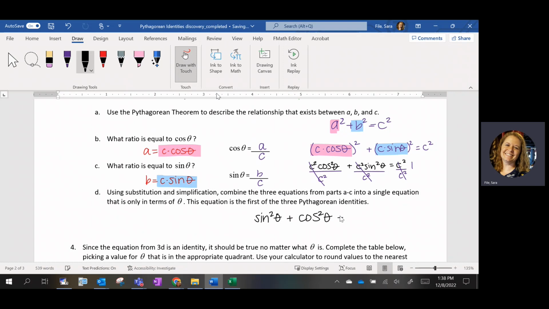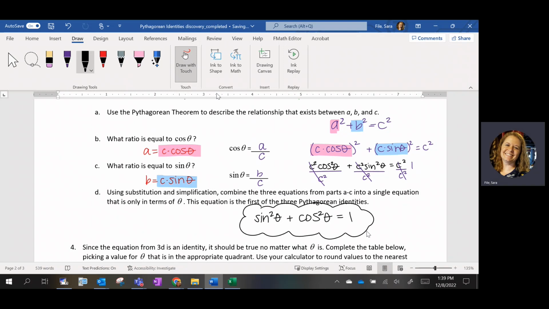But like I said, it doesn't matter if it's cosine squared plus sine squared equals 1, or sine squared plus cosine squared equals 1. They're both true, right? So this is the first Pythagorean identity. That's what I wanted y'all to derive from the Pythagorean theorem and our trig ratios. When we put them together, this is what we come up with.